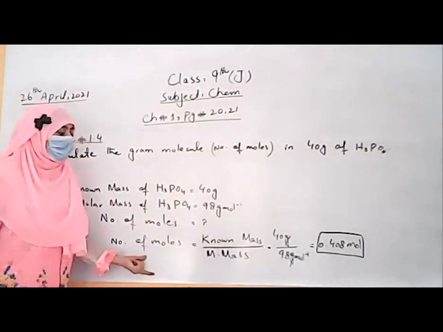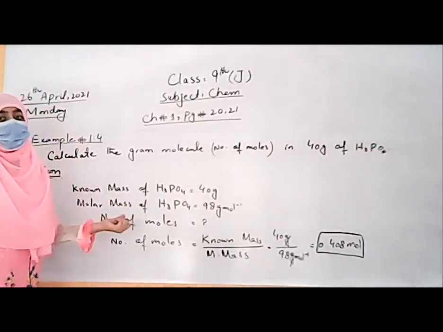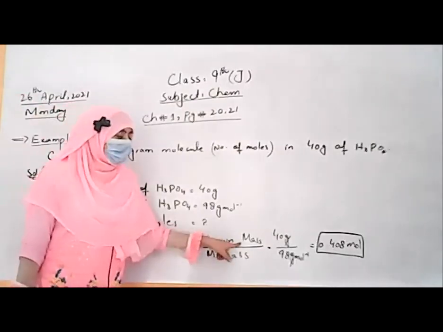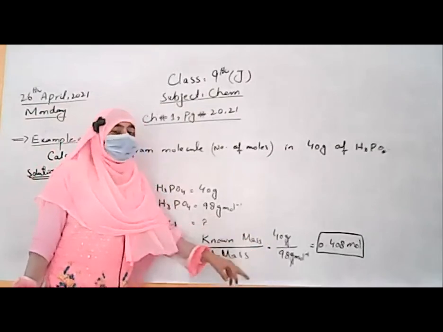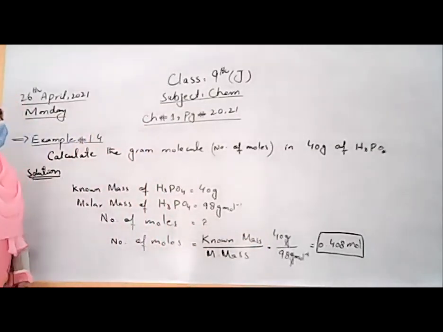Now for the number of moles, putting the formula: number of moles is equal to given mass of a substance divided by molar mass of a substance. 40 gram divided by 98 gram is equal to 0.408 mole.